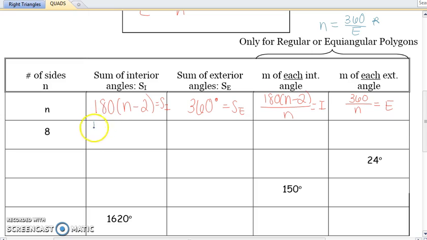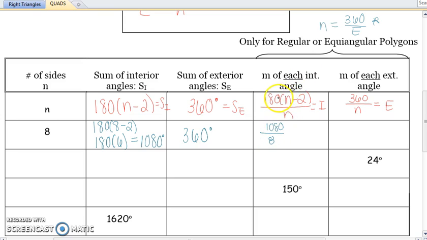8 number of sides. So we'll do 180 times 8, because that's our N value, minus 2, which is really 180 times 6. 180 times 6 is 1080 degrees. Sum of the exterior angles is always 360 degrees. Measure of each interior angle, what we're really doing is taking this 1080 and then dividing by the number of sides.